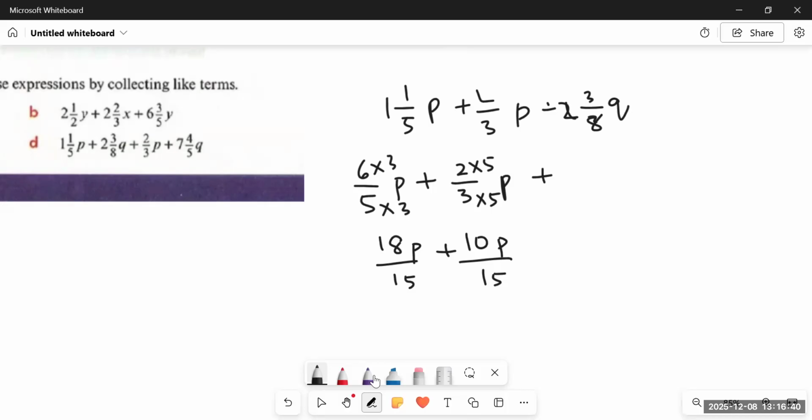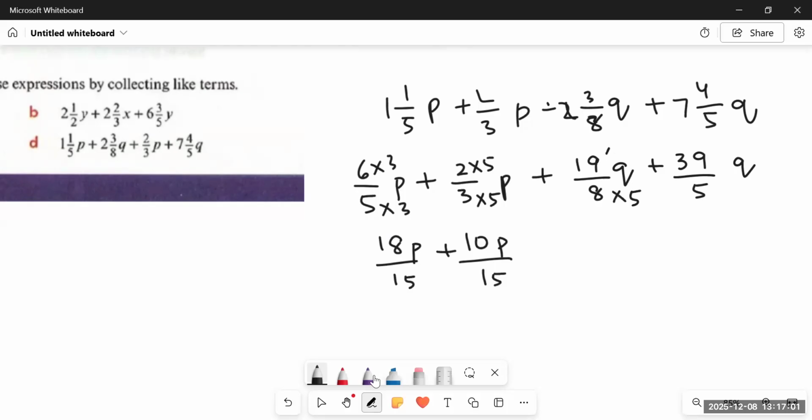That's 2 8s are 16, 17, 18, 19 over 8q plus 7 5s are 35. 35 plus 4 is 39. So we'll multiply 8 with 5 and 5 with 8.